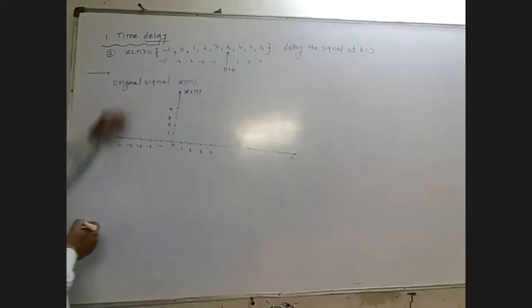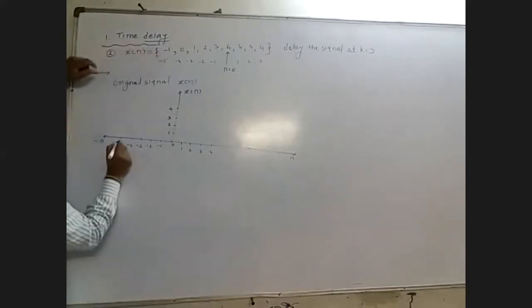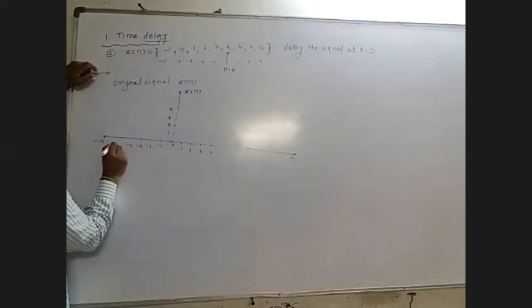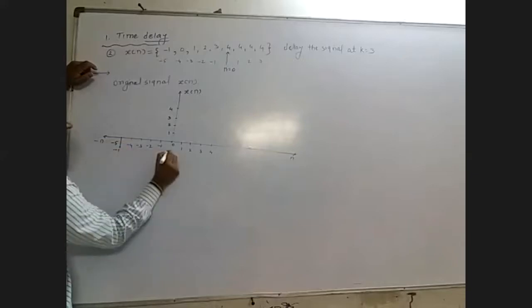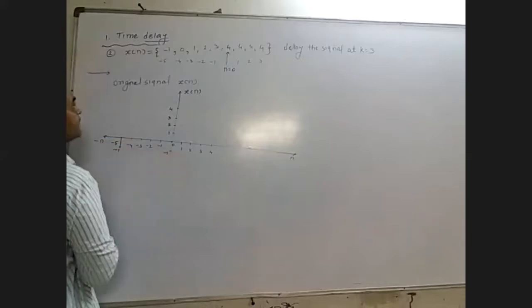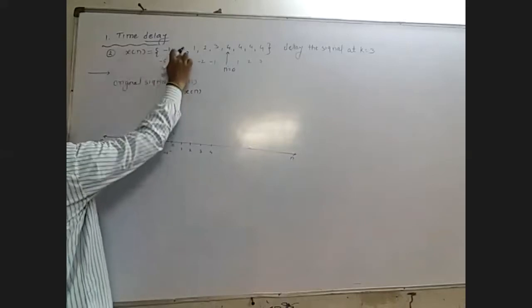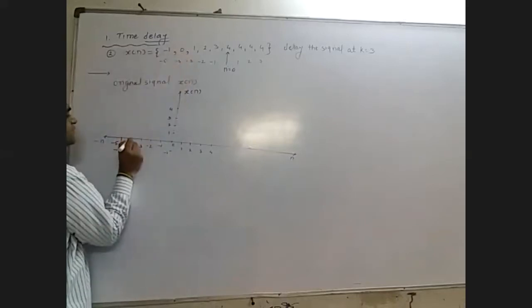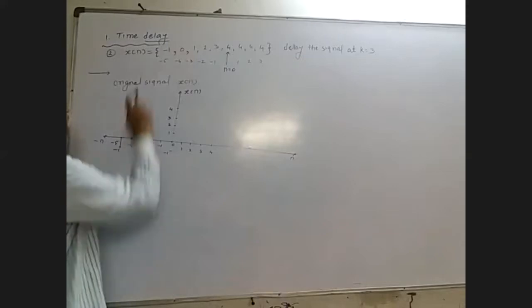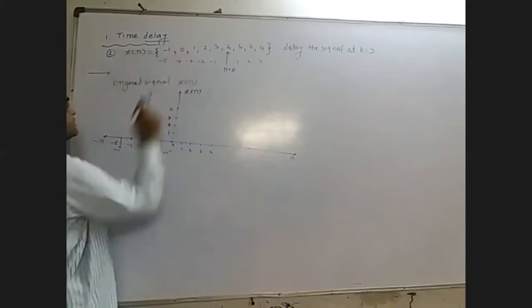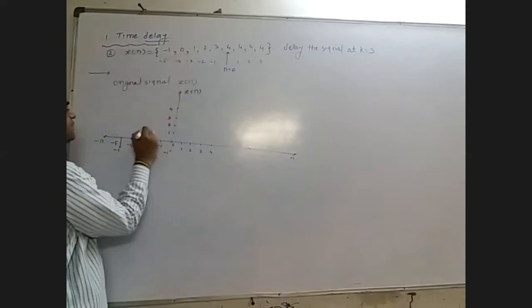At -5, its amplitude is -1. At -4, x of n, its amplitude is 0. At -3, its amplitude is 1.